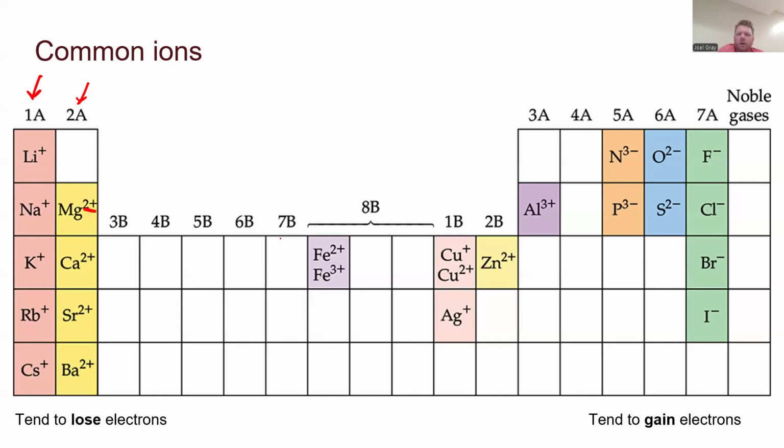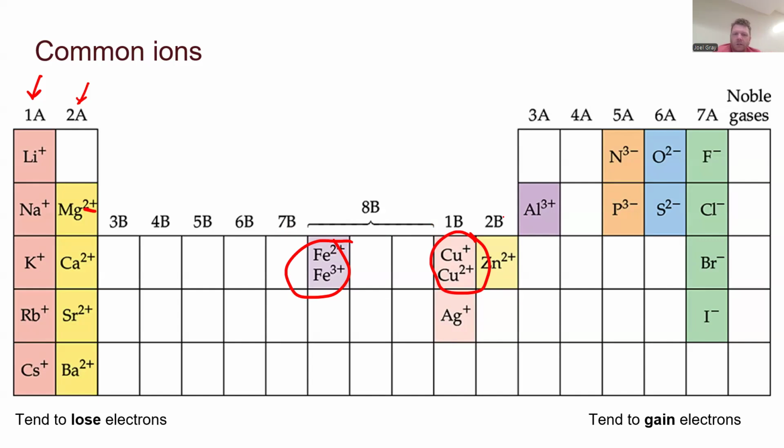The center of the periodic table, I think you can see one of the reasons that we've been avoiding, ignoring it. Iron can form a +2 or a +3 ion. Copper can form a +2 or a +1 ion. Zinc +2, silver +1, aluminum +3.